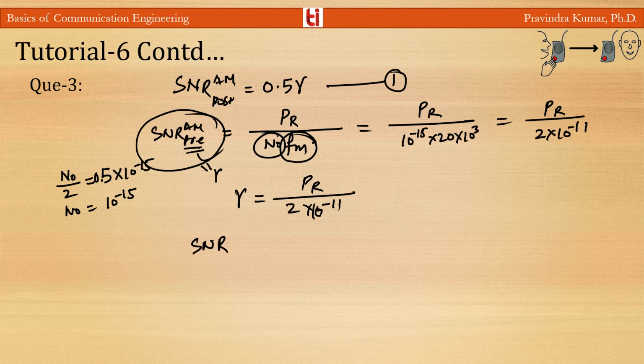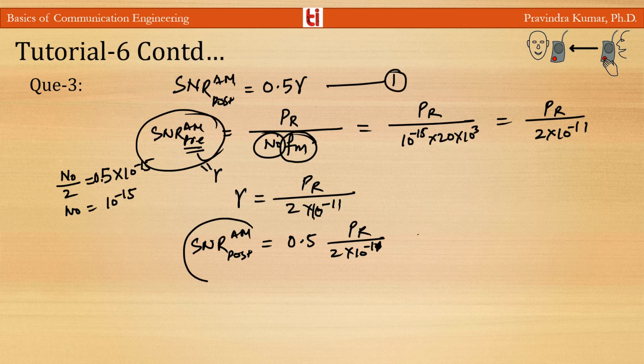So the post SNR for AM system will be 0.5 into gamma. From the first equation, it is 0.5 PR divided by 2 into 10 to the power minus 11, and this is given in the question as equal to 10 to the power 4.